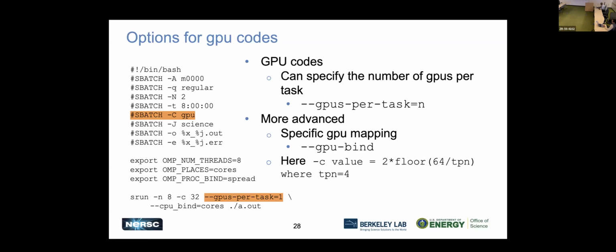Okay, awesome. And so with the GPU codes, you can specify the number of GPUs per task that you want to use. You can do more advanced options like GPU binding as well. Then you want to make sure your C value is going to be equal to that floor over a TPN of 4.